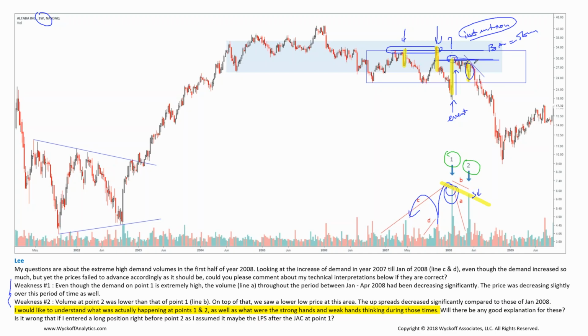There is still an attempt to go up, and yet we can't reach even the previous level. So again, we're just confirming the bias to the downside at this point of time, and we are interpreting the increase of the volume signature as still not necessarily an increase of the supply over average supply.